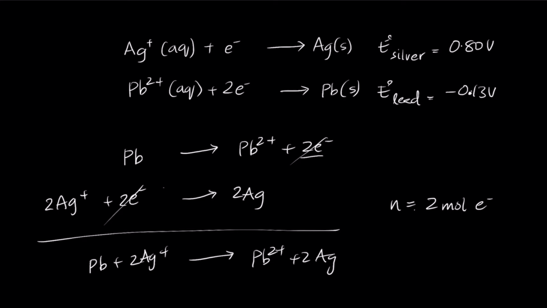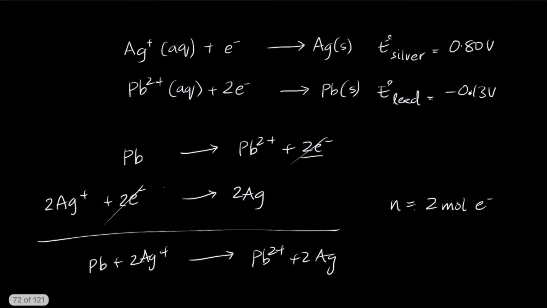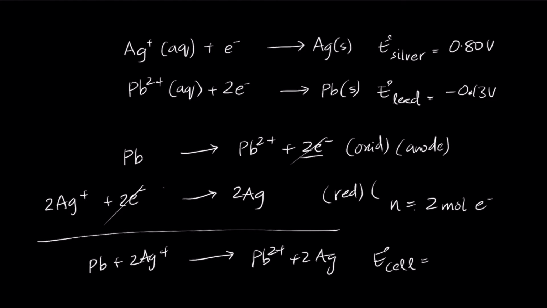And we have to calculate the delta G value. To calculate the delta G value, we need the cell potential value. The cell potential can be calculated as follows. This is oxidation and this is reduction. Oxidation is the anode and reduction is the cathode.